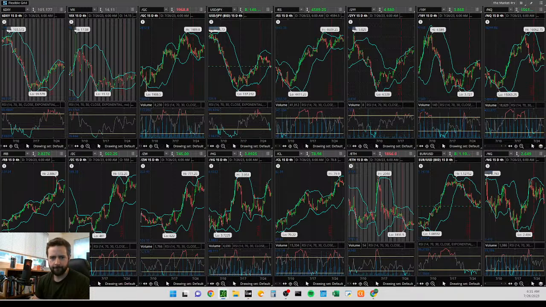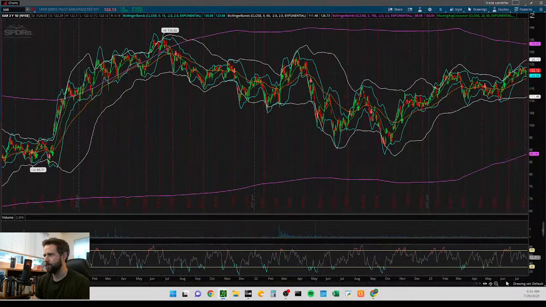XAR. That's another defensive. I'm gonna hold at least one of these defensives. So I'm out of ITA, that's like the big ones, I think. And XAR, this is like the smaller, small cap aerospace and defense.